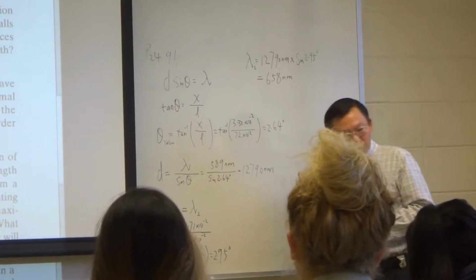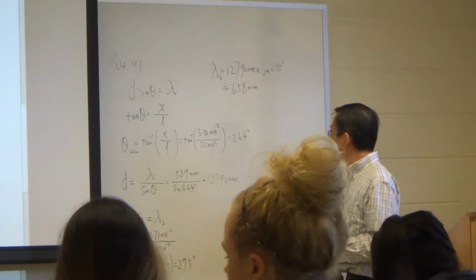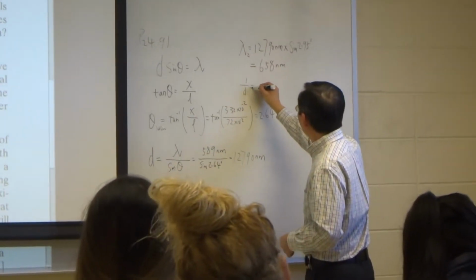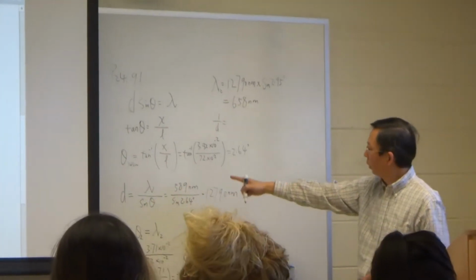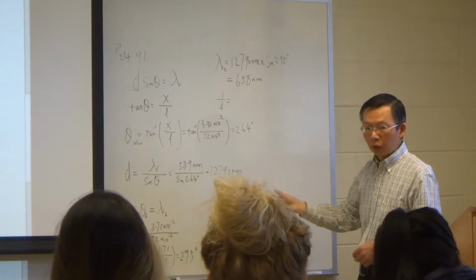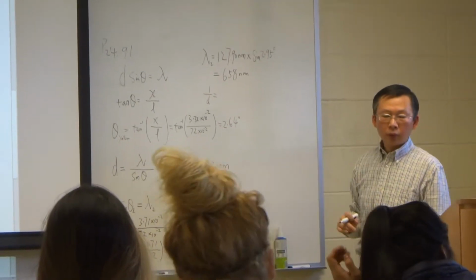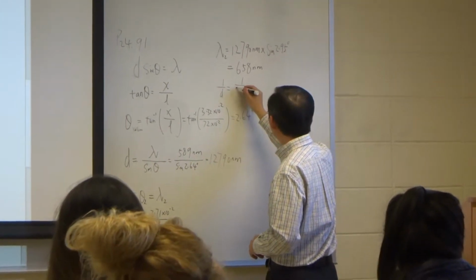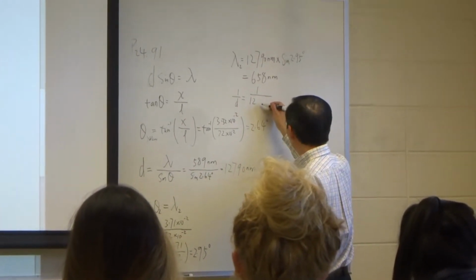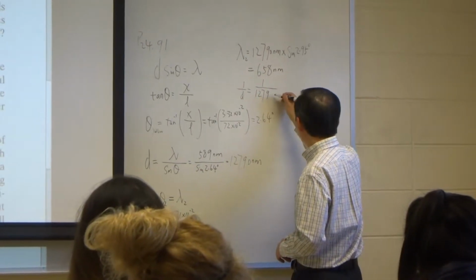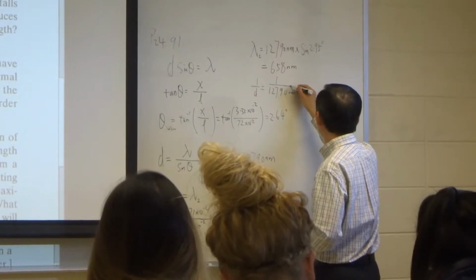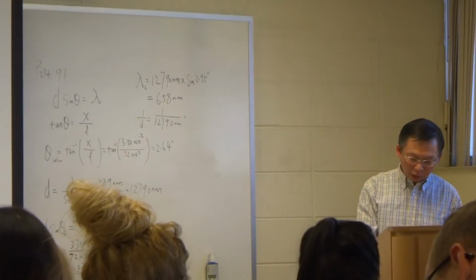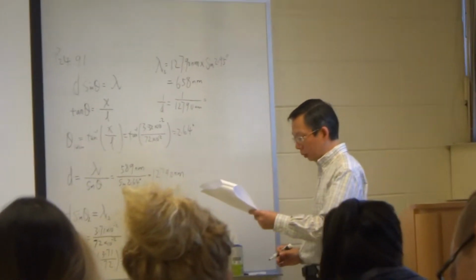Okay? So that one is just 1 over d. The reciprocal of that constant gives you how many slits per unit length. In this case, it's just 1 over 12,690 nanometers. Of course, you will get slits per nanometer, then you will convert to centimeters.